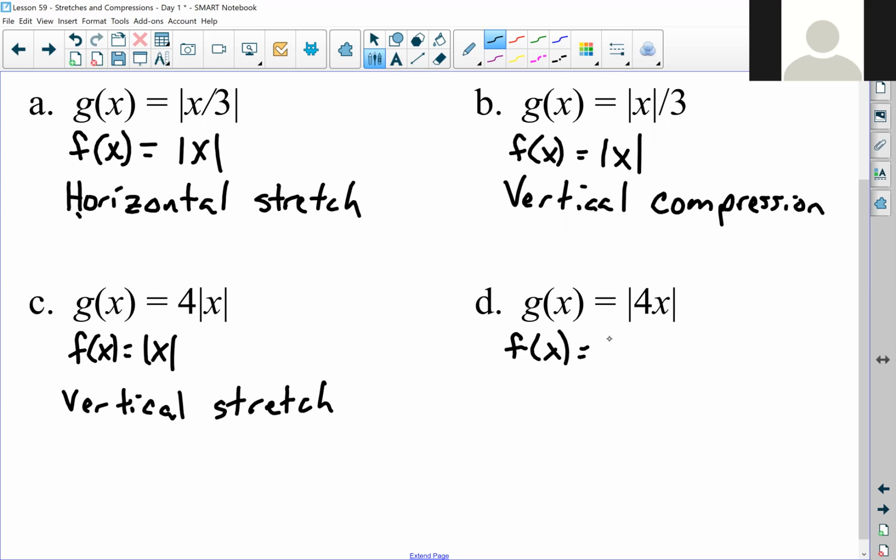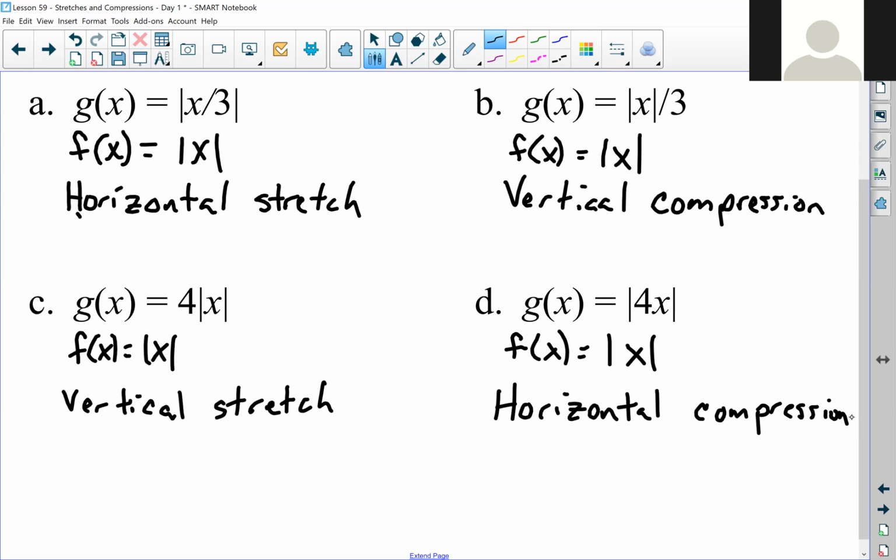And the last one, because they're multiplying by 4 on the inside, is a horizontal compression.